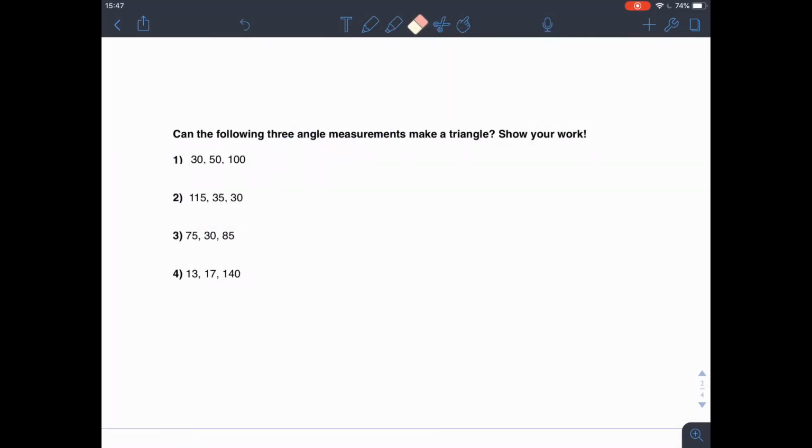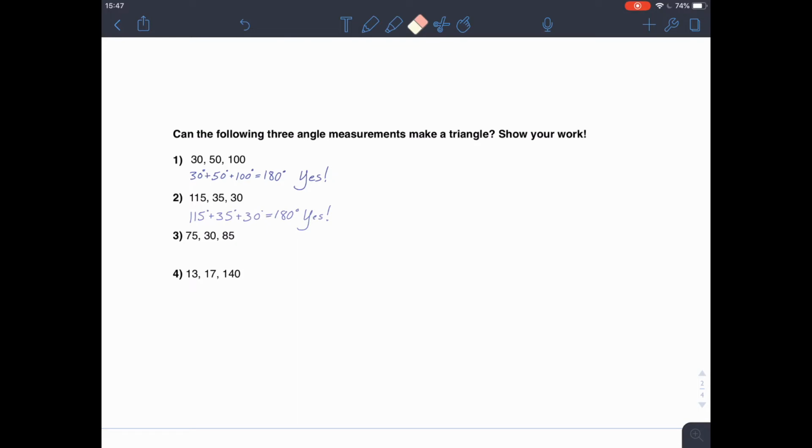Now we have lists of 3 angle measurements, and we're going to check and see if these make a triangle. You can pause the video here and add these up and see if they equal exactly 180 degrees. So when we add together our first 3 angles there in number 1, we get exactly 180 degrees, so yes, that would make a triangle.